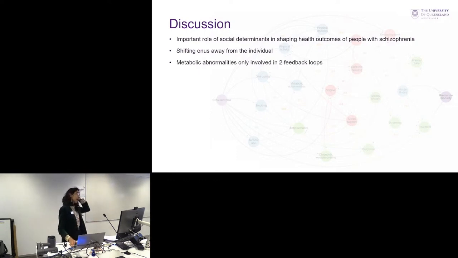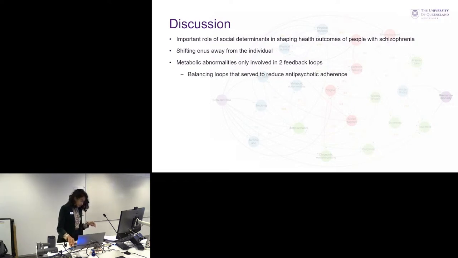So this model really demonstrates how we can't ignore a person's experiences in the health system and the social context in which they live. Another interesting finding was about metabolic abnormalities. Metabolic abnormalities from antipsychotics are frequently pointed to as a contributing factor for premature mortality, but that kind of contrasts with the fact that overall antipsychotics are protective of mortality. And this CLD showed that metabolic abnormalities didn't play a major role in the system.